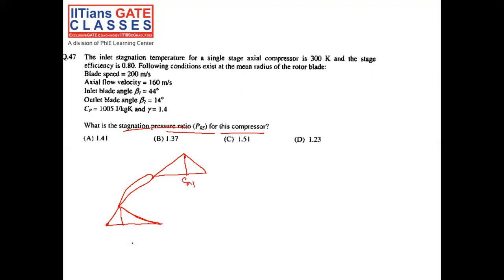Now this is CA1, axial velocity CA2. And this is the blade velocity U, the value of which is given. And this angle is inlet blade angle beta 1. And this angle is beta 2, outlet blade angle. And this CA1 is basically equal to CA2. The axial velocity remains constant.